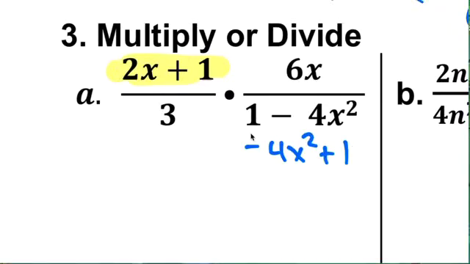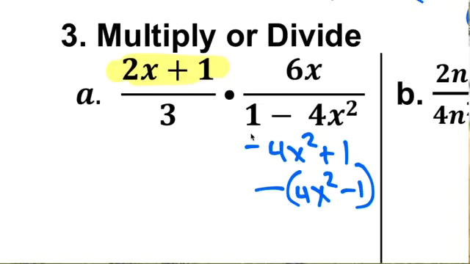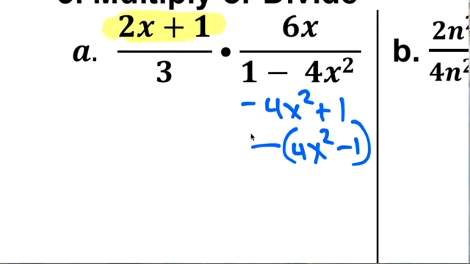Do not do a perfect square here. Do not do that, because let's factor out a negative first. You got 4x squared minus 1. Then now you can factor out perfect squares. So negative, that's 2x minus 1 and 2x plus 1, right?